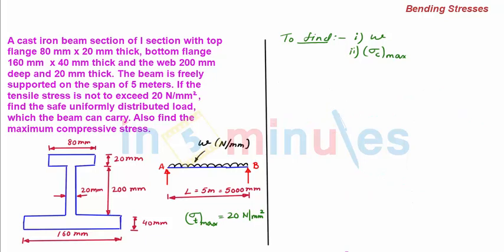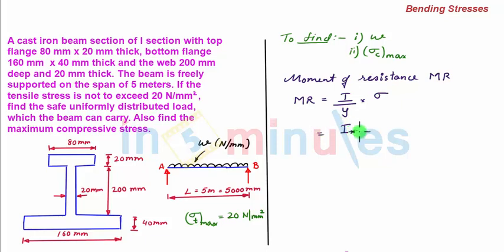Also, the moment of resistance of the beam Mr is given as Mr is equal to I by Y into sigma. Now if we consider the tension side, I could write it as Ixx upon Y max of tension multiplied by sigma T max.